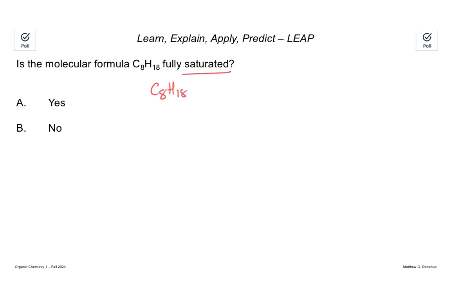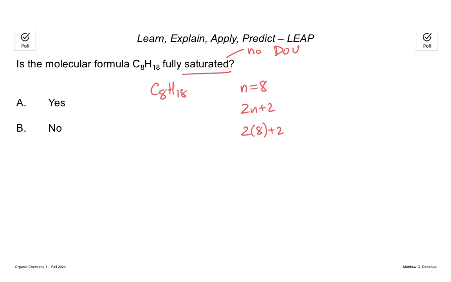So this question asks, is C8H18 saturated? Saturated means there are 0 degrees of unsaturation. So when n equals 8, we plug that into 2n+2.